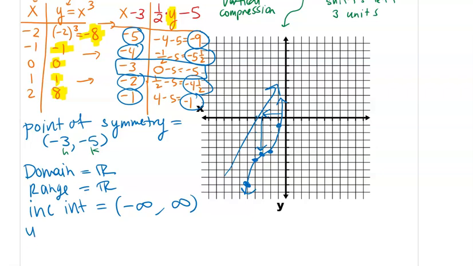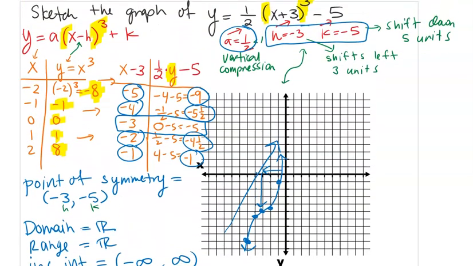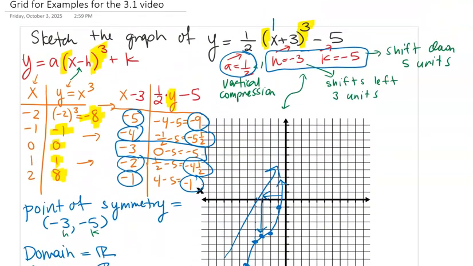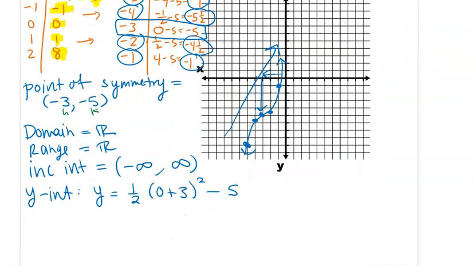For the y-intercept, I can do what I've been doing, and that's just plug in 0 for x in the equation. And I just was using this equation up here and just plugging 0 right in there for x, following order of operations. Sorry, this is cubed. Keep forgetting that's cubed. So I get 3 to the 3rd, which would be 27.